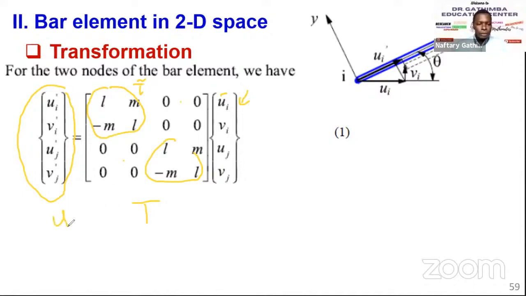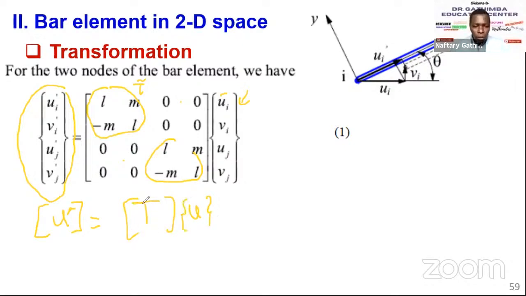So from the local coordinate system, you don't have to say prime or i, because we are saying it for any node. To get to the global coordinate system, you pre-multiply the nodal vector in the local coordinate system with the transformation matrix.